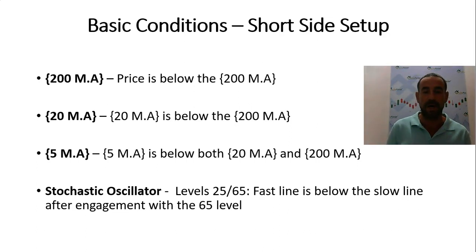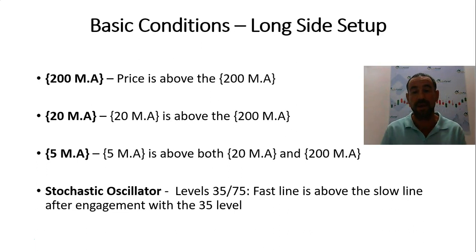And in a short side setup, the stochastic fast line has to be below the slow line. There are two lines in the stochastic oscillator, after the fast line has engaged with the 65 level.